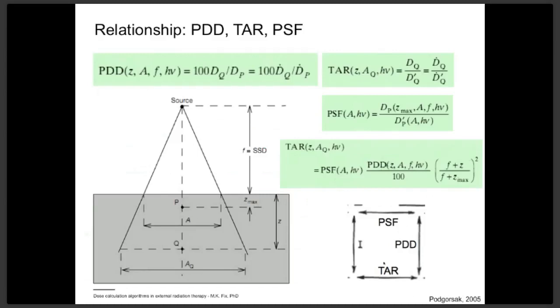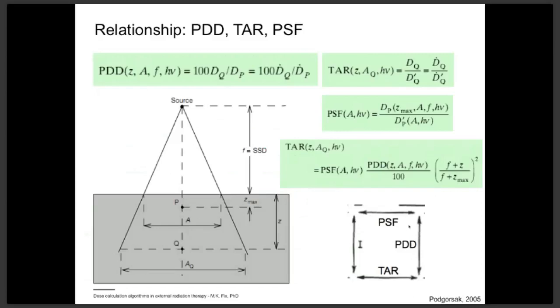So if you have this tissue air ratio, you can go with the inverse, the peak scatter factor and the PDD down, and then it gives the tissue air ratio. So it's not really a surprise that those three quantities exactly show up here with the peak scatter factor, PDD, and inverse square law. With this, you can determine and replace one out of the four quantities.